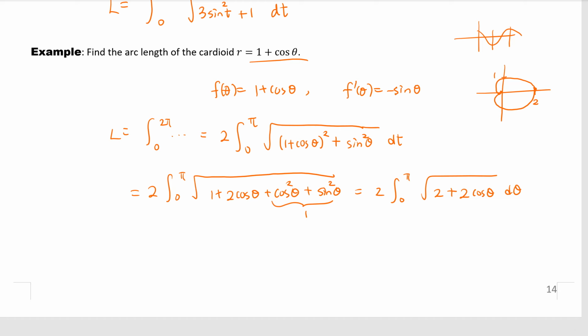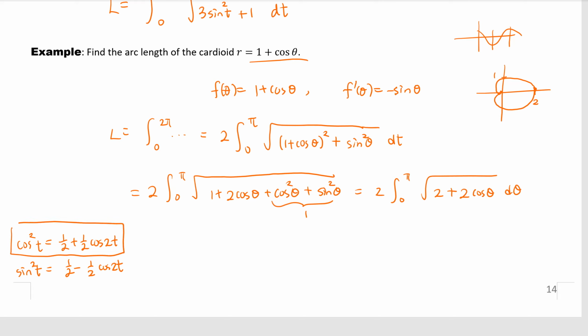So double angle formulas: we have cosine squared. Let me use t instead of theta because we already have theta here. So cosine squared t is 1/2 plus 1/2 cosine 2t. Sine squared t is 1/2 minus 1/2 cosine 2t. Here, which one should we use? Because it's plus in the middle, we should use this one.